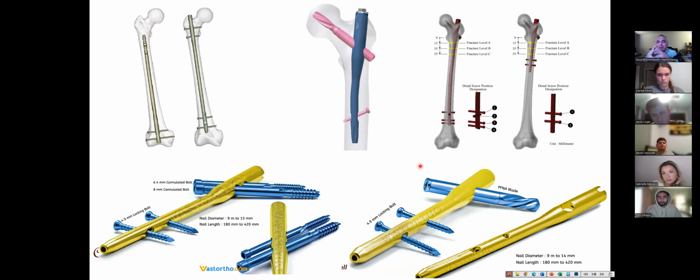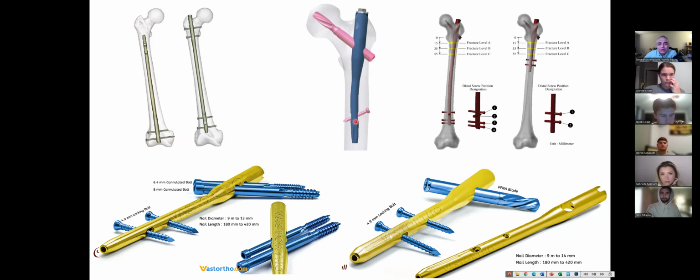Any company has several types of the nails and screws. For example, here we discussed the dynamic holes. You see, this one is a static one, but this one can be a dynamic one.